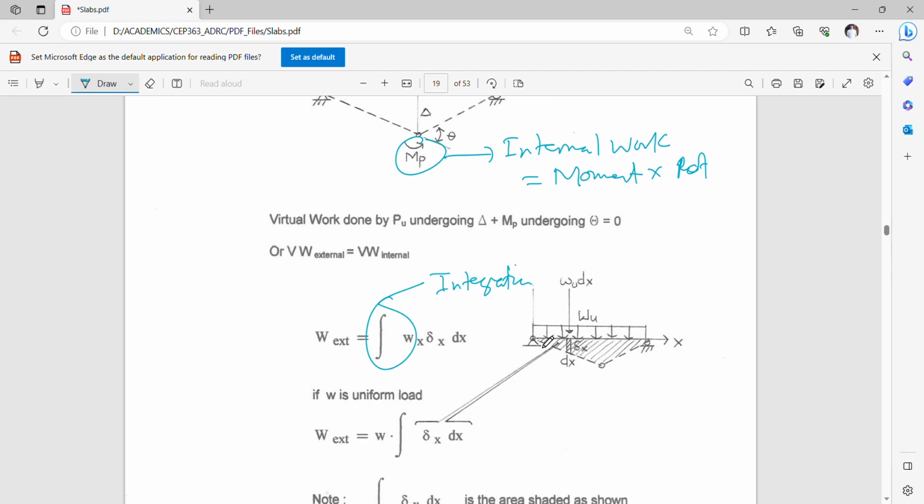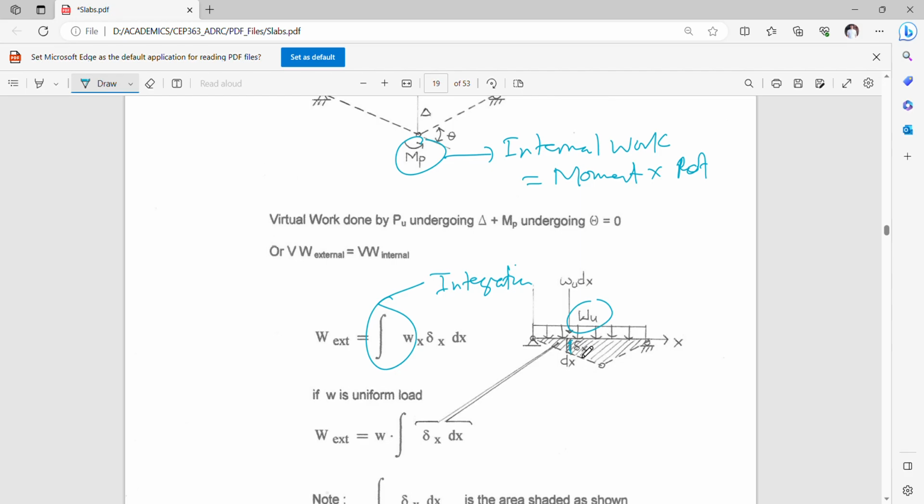So if I make use of the whole uniform load Wu on the entire span, I only have to make use of a differential strip, and this differential strip will mean a Wx multiplied by delta x.